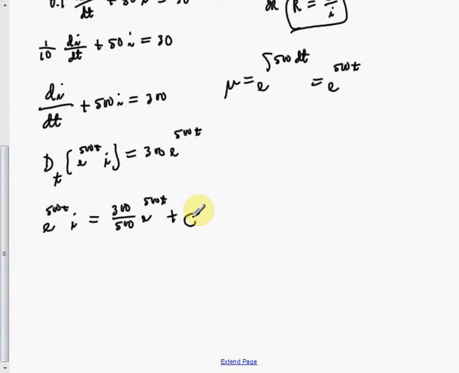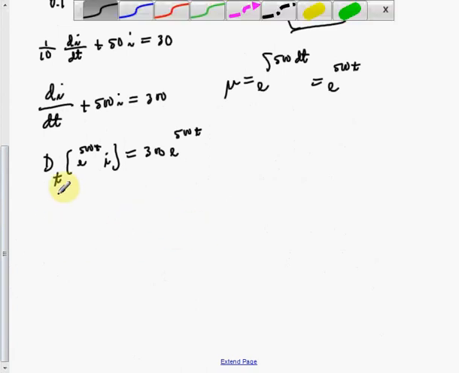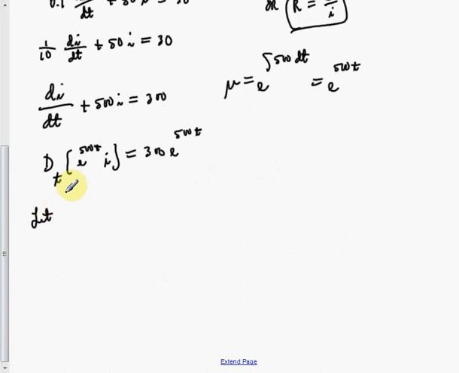I integrated both sides. You want to be able to see it, because eventually you want to be able to do these problems without having to do some of the previous calculus, so you can kind of see what's going on.